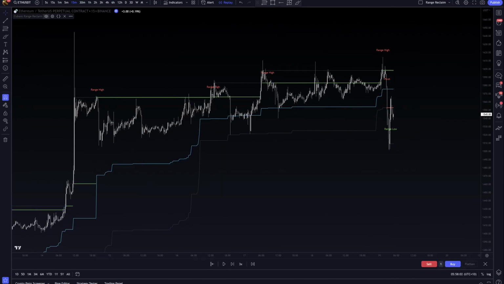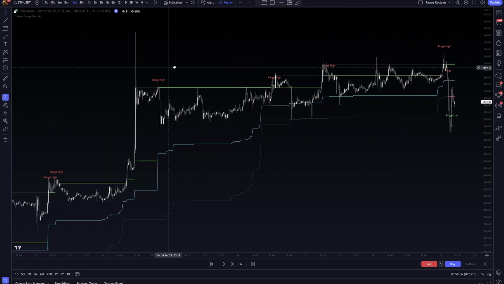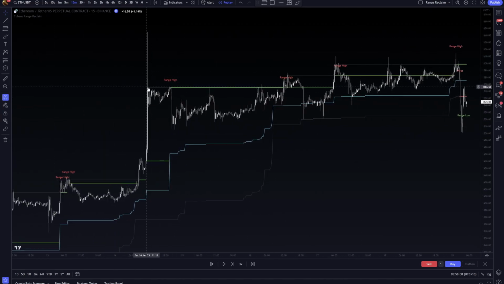So, how does the range reclaim indicator apply specifically to this range that we were mapping out? Well, if you remember, when we first set the range, we set it at this first close, and then we looked for the low, and then we had our range low set here as well. This initial sweep of the close here on the 15-minute actually was a sweep of the range high, and so that got a print.